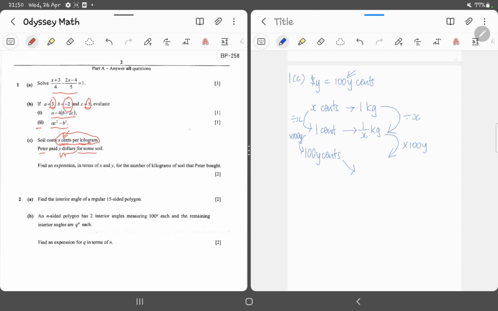This gives 1 over x times 100y, which equals 100y over x kg. That's the expression in terms of y and x for the number of kilograms of soy that Peter bought. So that's it for question 1C.